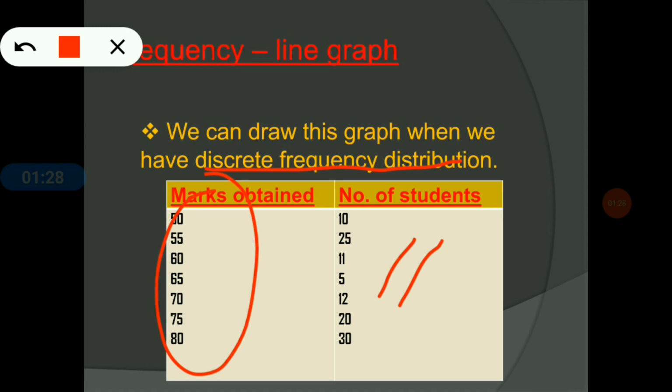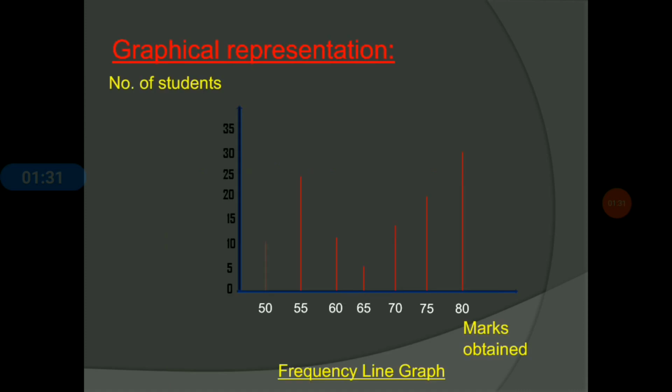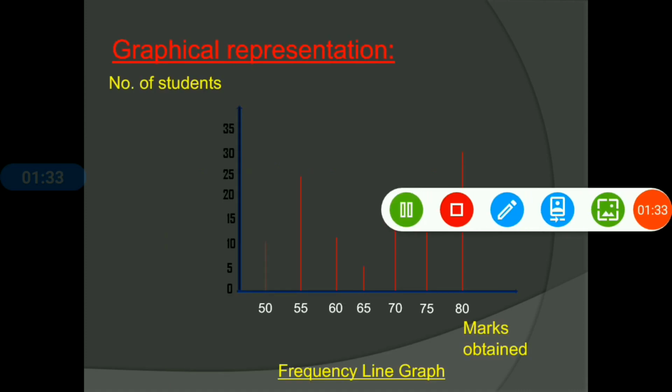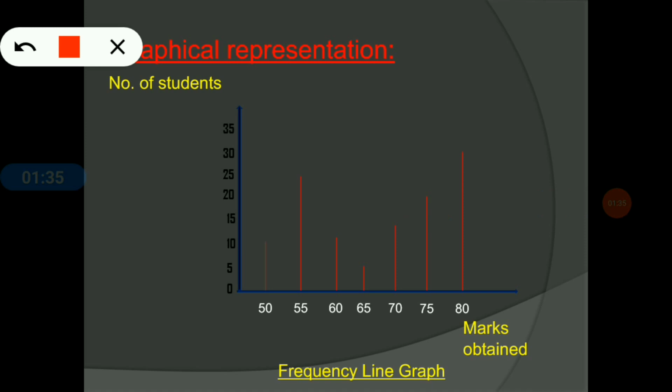Now move on to the next slide, where we can see the graphical representation of the frequency line graph, and we measure the number of students on the vertical axis and the marks obtained on the horizontal axis. Data are plotted on the graph and then we draw a line from the point up to the horizontal axis, and these lines are called the frequency line graph. I think it is clear to everyone.